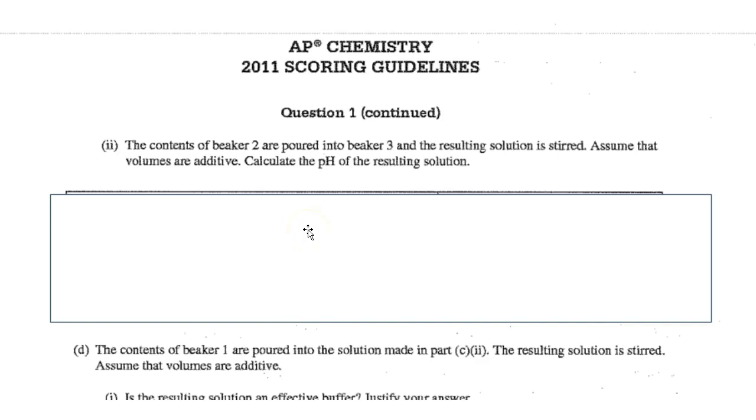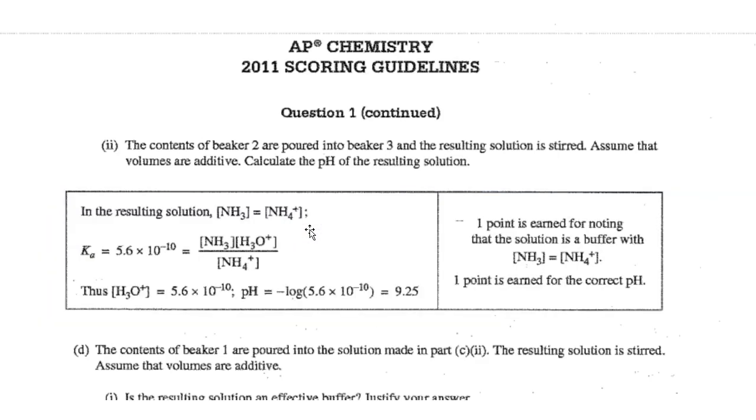The Ka is equal to the ammonia times the H3O+ over the NH4+. But since it's the same amounts, they're equal, which is cute, right? We don't know what they are, but if they're equal, we don't need to know what they are. That over that equals 1. Therefore, the Ka is the H+ concentration. I think that's really nice.